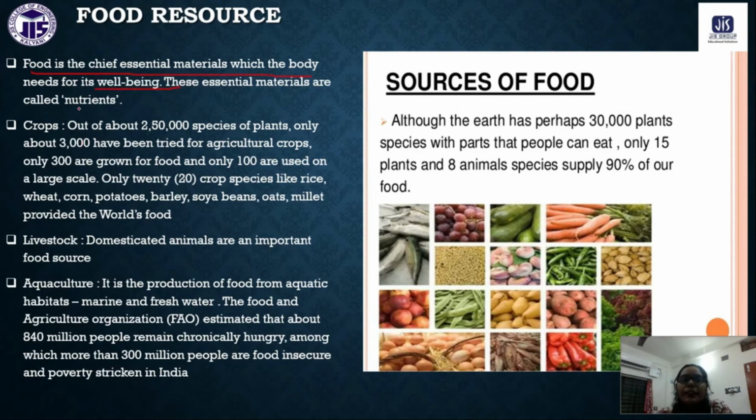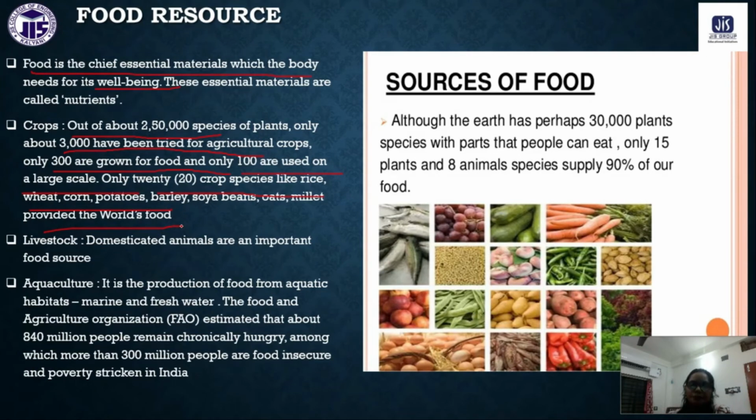Now, out of 250,000 species of plants, only 3,000 have been tried for agricultural crops, among which only 300 are grown for food and 100 are used on a large scale, and only 20 crop species like rice, wheat, corn, potatoes provide the world's food.